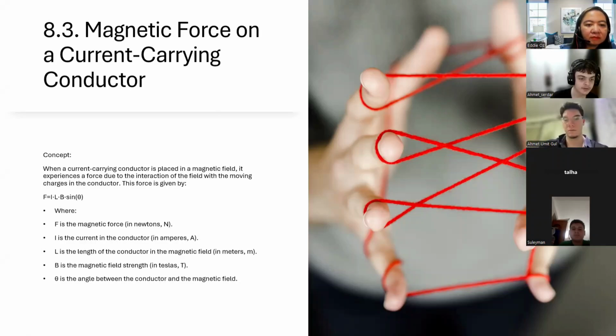This force is given by F equals ILB sine theta, where F is the magnetic force in newtons, I is the current in the conductor in amperes, L is the length of the conductor in the magnetic field in meters, B is the magnetic field strength in teslas, theta is the angle between the conductor and the magnetic field.